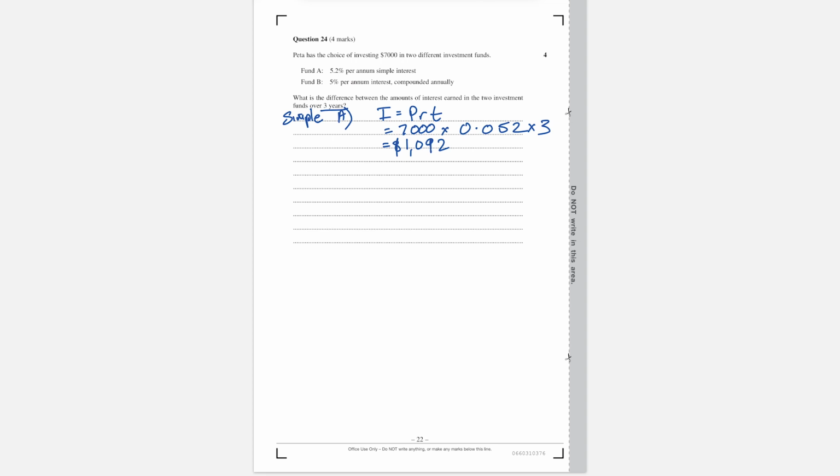And then with compound, that's option B. It's going to be FV equals PV, 1 plus R to the power of N, which is equal to 7,000, 1 plus 5%, very straightforward, and the number of years is 3.